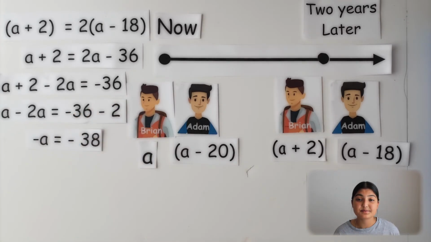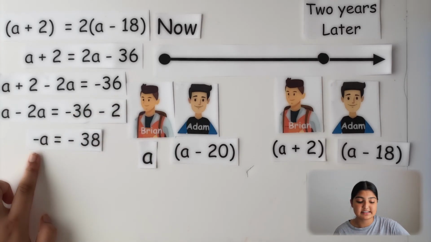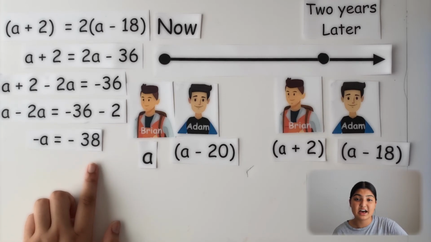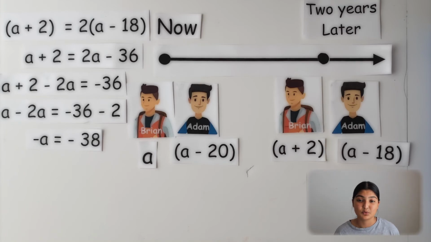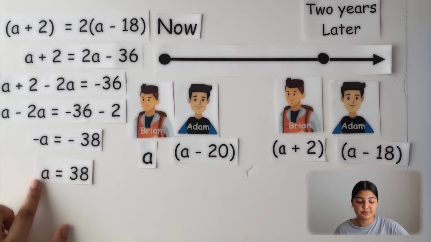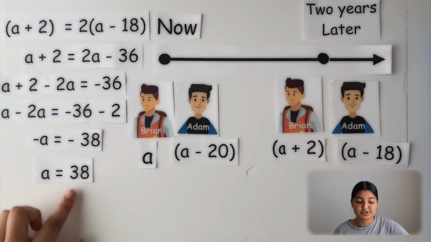And finally, let's bring this negative to the other side of the equation, where the negatives will cancel out. This gives us the value of A, which is 38.